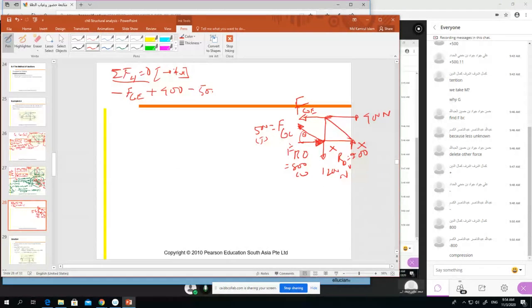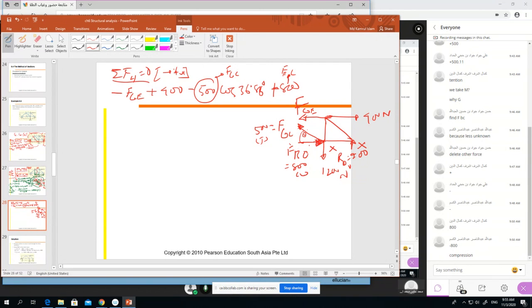FGC is 500, and it is cos 36.86 degrees. Then we have minus 800, this is FBC. Minus 800 is actually FBC; minus becomes plus because it is on the right side.